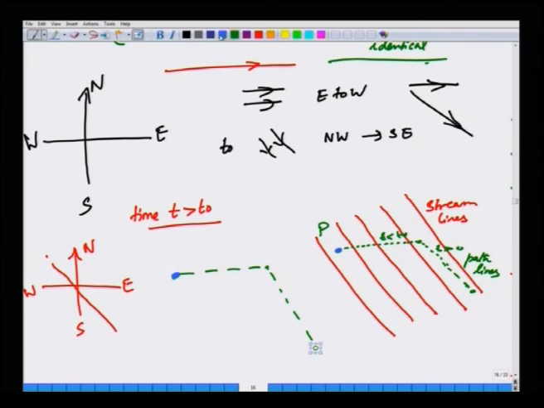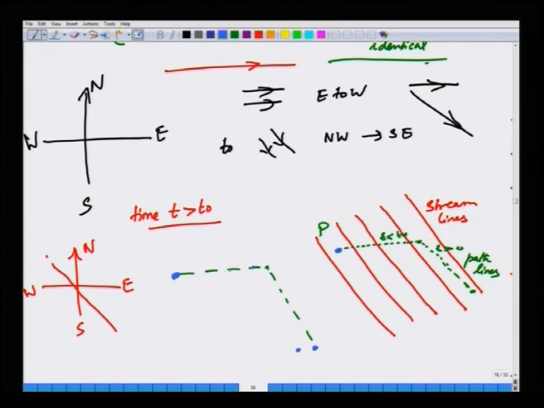What about streak lines? Streak lines will be slightly different. I will plot in blue. The point which was introduced at t equal to 0 will go all the way here and reach here. But the one that is introduced at a time delta t greater than t equal to 0 will not have reached up to here, it would have reached up to here and it would have changed its direction because of the change in direction of the wind, and reached here.